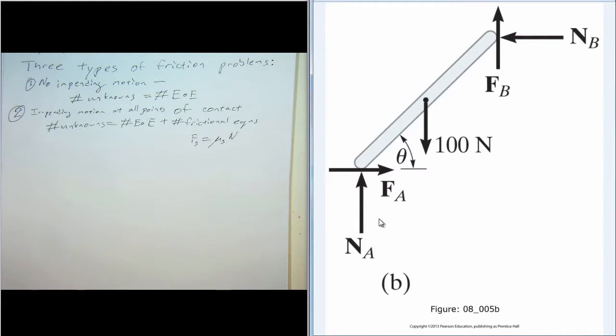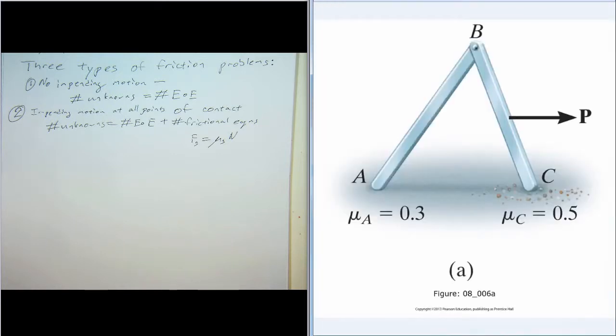FA is mu A times NA, and FB is mu B times NB. So using those 5 equations, we can solve for all the unknowns, and the one we want most is the unknown theta. So we can find the conditions at which the object has impending motion. And the third type of problem is where we have impending motion at one of several contact points.